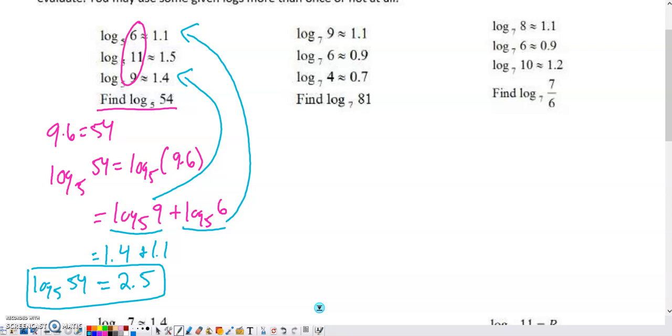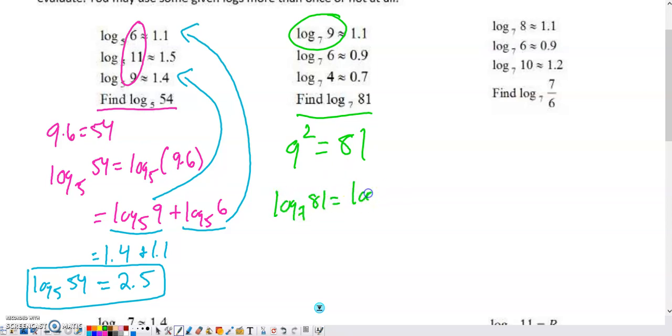We have to find log base 7 of 81. Anything here we can multiply, divide, or raise to a power. This 9, actually, we can raise this 9. 9 squared is equal to 81. So we can say log base 7 of 81 is equal to log base 7 of 9 squared.